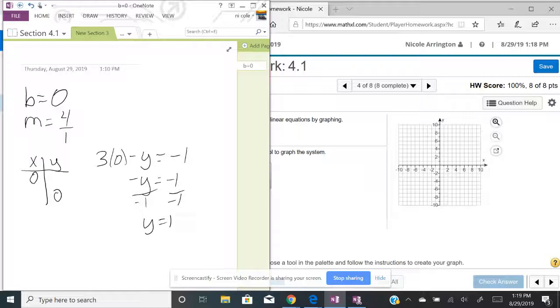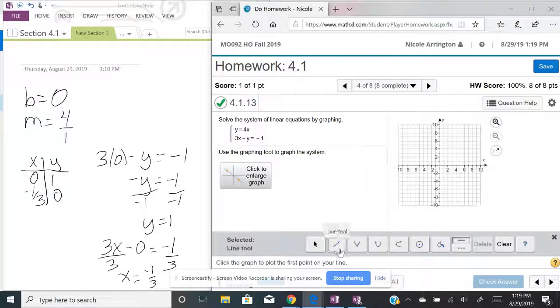And then if y is 0, you have 3x minus 0 equal to -1, divide by 3, x is equal to -1/3. So I might have a problem graphing that second point.